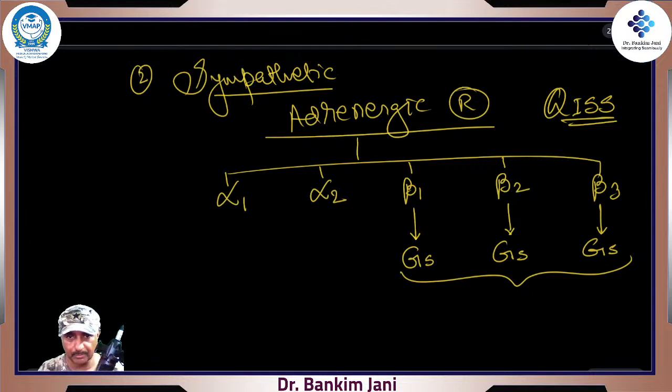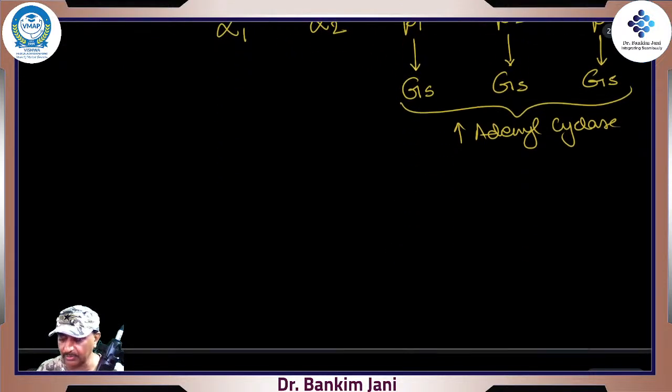Correct? They are stimulatory. It means they will be increasing adenyl cyclase. Adenyl cyclase, that big boss, right? When that thing increases, obviously it will lead to an increase in cyclic AMP, right?